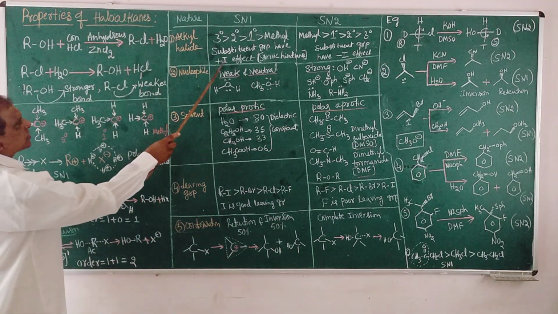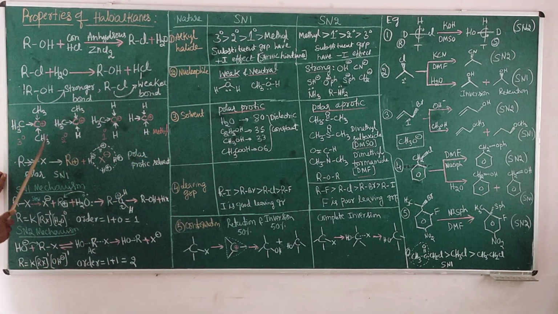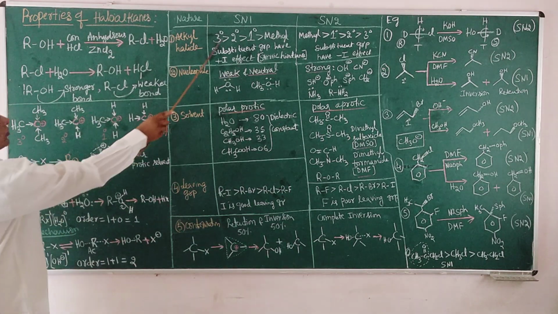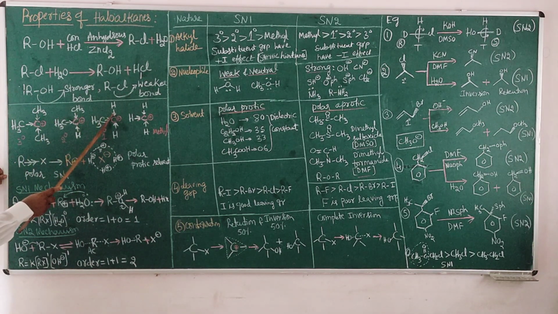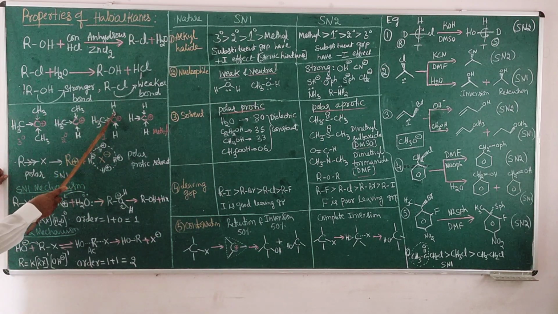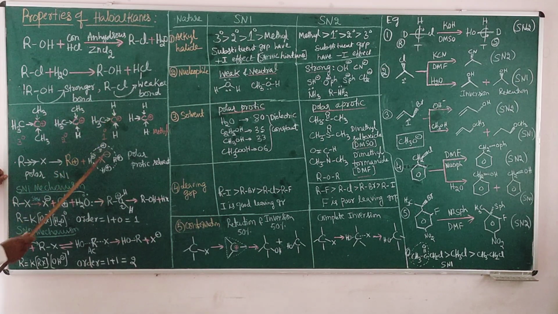If there is more plus I effect, this mechanism is favored. CH3 has a plus I effect, H has a very small plus I effect. Where the plus I effect is very small, it will not follow this kind of mechanism; it follows the other mechanism. Where there is more plus I effect, it will follow the SN1 mechanism.